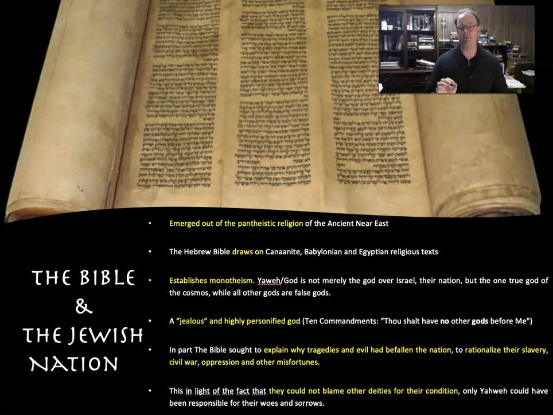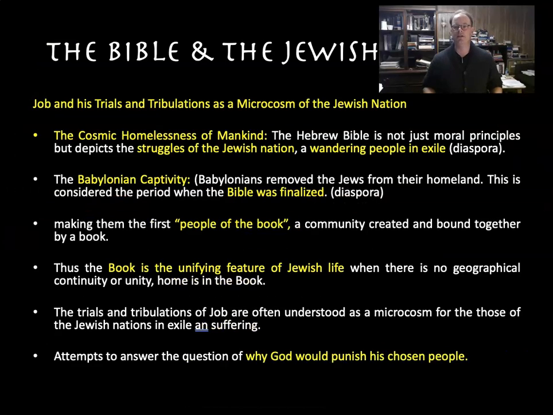Various trials and tribulations that they can only attribute to the one God, the good God, rather than some enemy God of another nation that might inflict pain and suffering on them, precisely because they don't recognize those other gods as real gods. They are simply false idols. So that means they have to attribute all their challenges to their God.